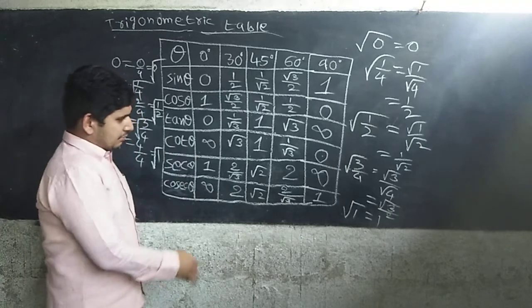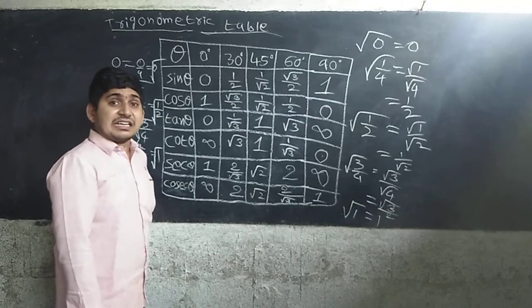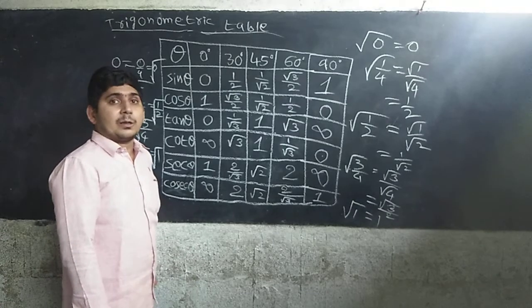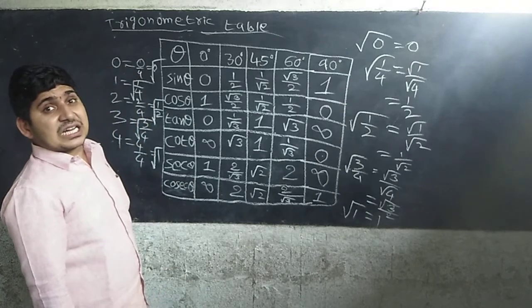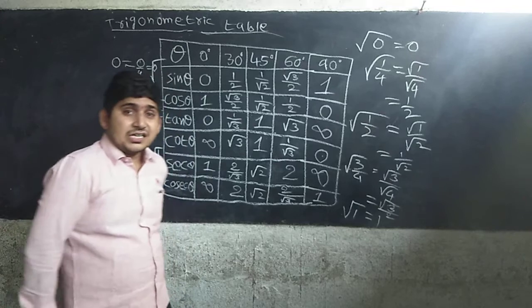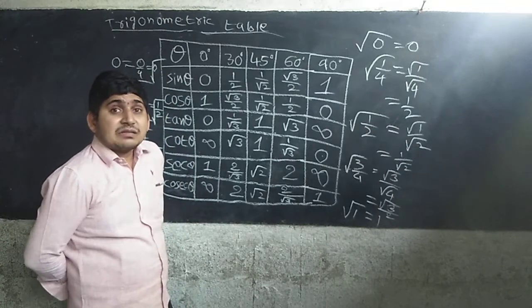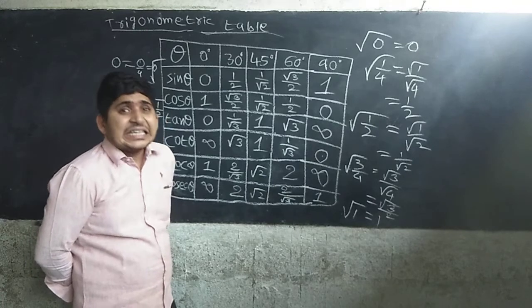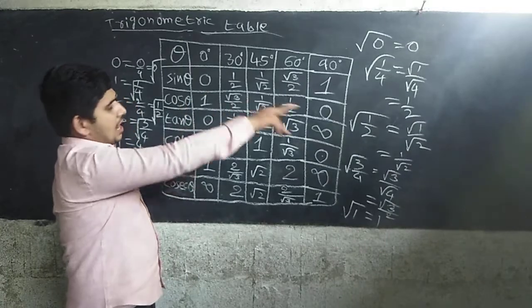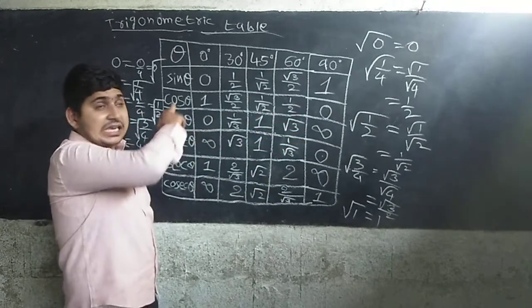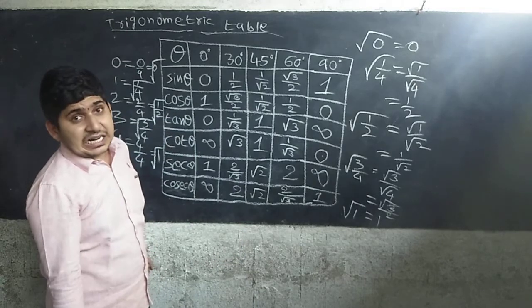Okay, this is about the trigonometry table. Now what is a trigonometry table? The table that contains the trigonometric ratio values of all the specific angles in rows and columns is known as a trigonometric table.